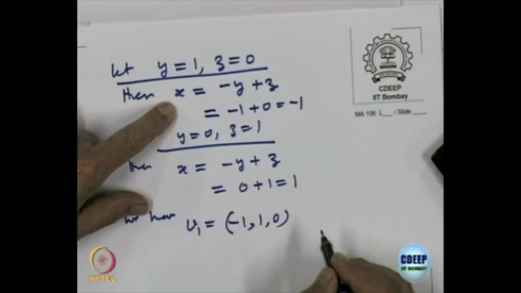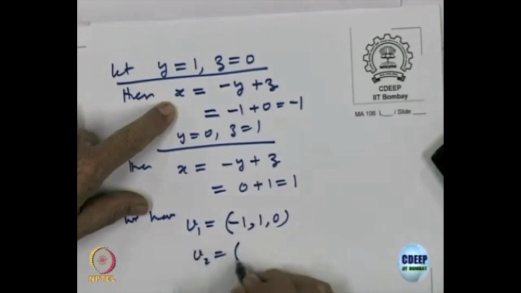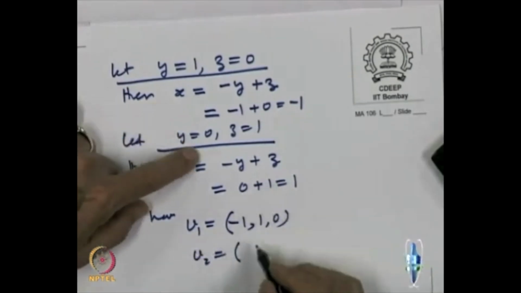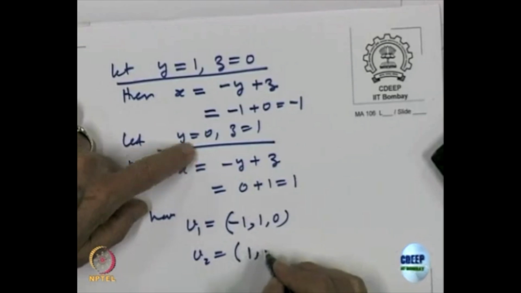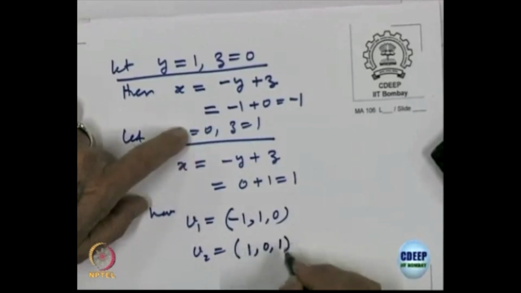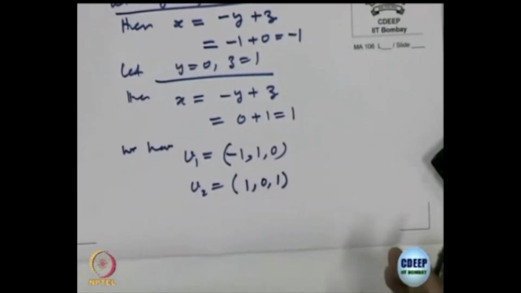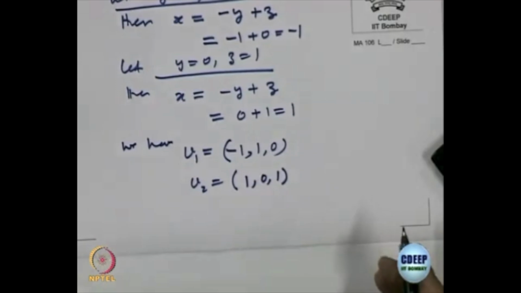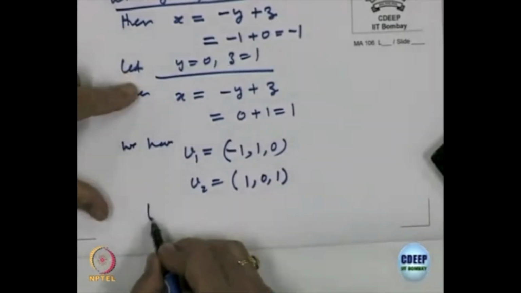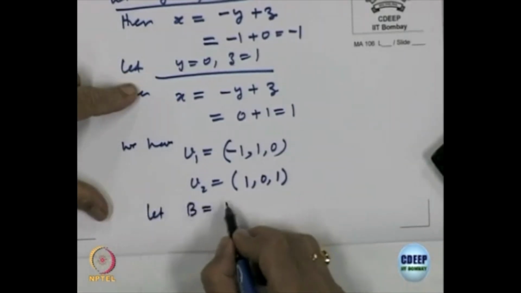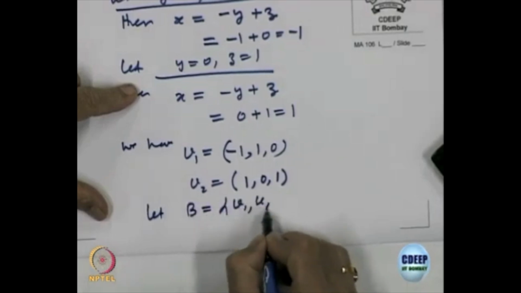That is one solution. Second solution is V2. We got x is equal to 1, y equal to 0, z is equal to 1. I got two solutions, right? So let us form the set. Let B be the set V1 and V2.